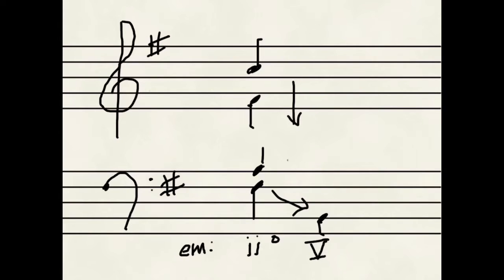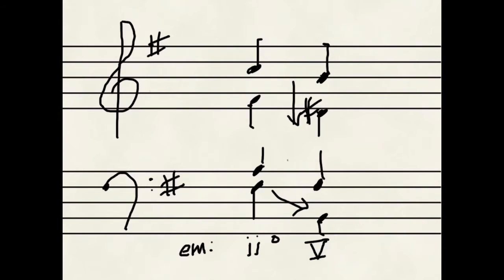So, the A will go down to the F sharp, nearest available position. The F sharp will go down to the D sharp. And the C will go down to the B.